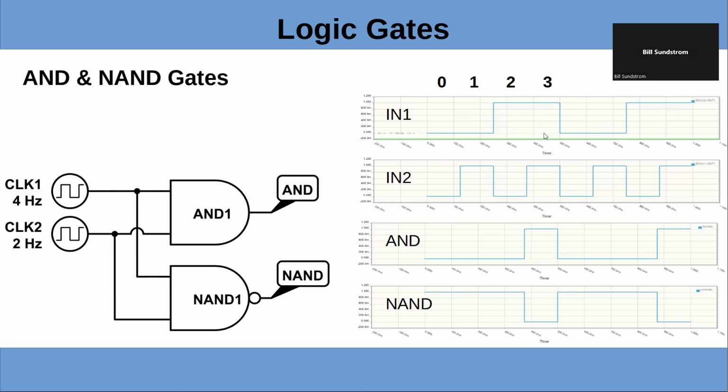So it's really twice the frequency. And the output of the AND gate is only going to be true when both of the inputs in stage 3 are true. The NAND gate is going to be true except when the inputs are true. So it just inverts whatever the AND is.